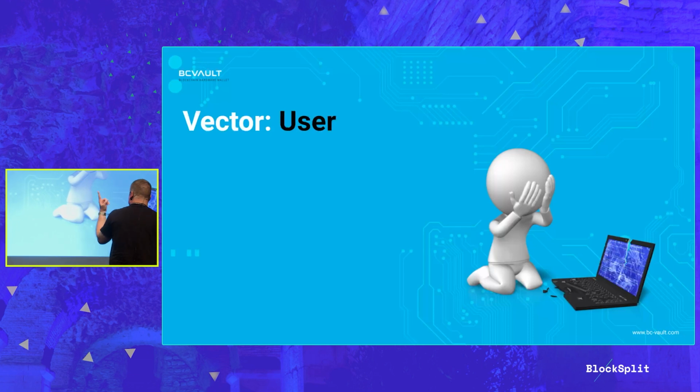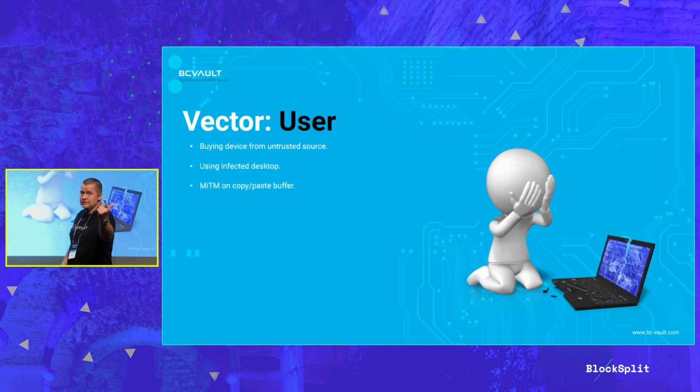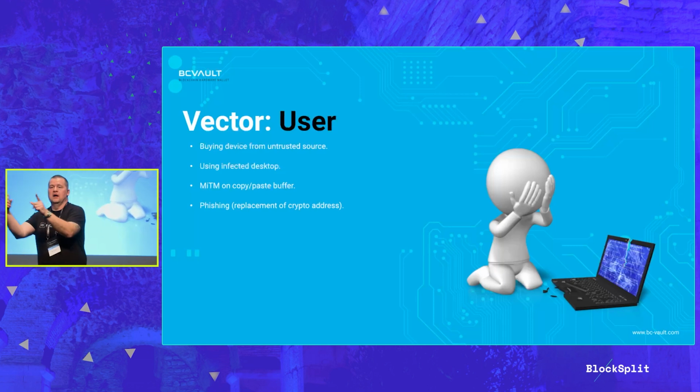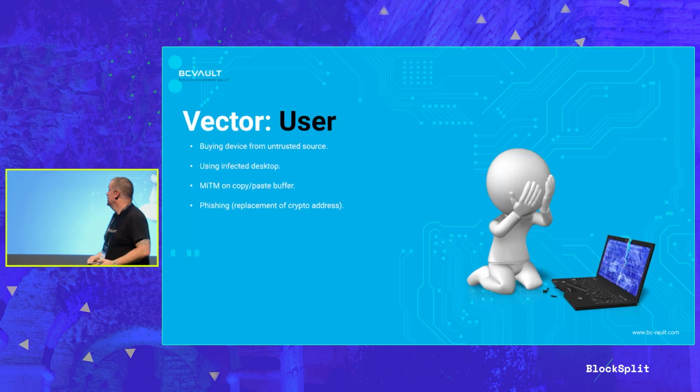But the thing is that, well, the vector user, buying a device from eBay, an infected desktop where I can intercept the passwords, a man-in-the-middle attack on the copy-paste buffer, please pay this Bitcoin address, copy. Then the copy-paste buffer changes the address because it recognized the official format of the Bitcoin address to some other address, and the user just clicks paste, but doesn't notice that the two are different.